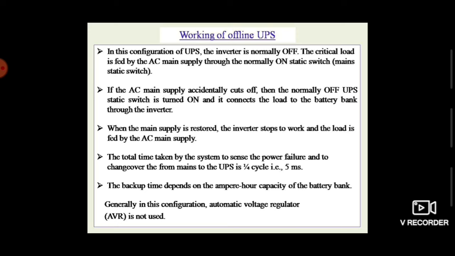The backup time of this offline UPS depends upon the ampere hour capacity of the battery bank, that is, what type of battery bank we are using. Generally, for offline configuration, an automatic voltage regulator is not used. That will be mainly used for online UPS system.